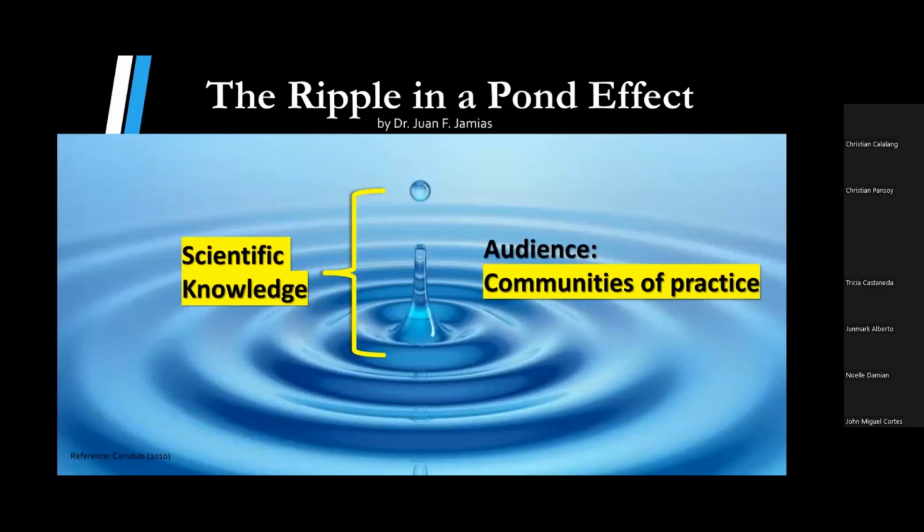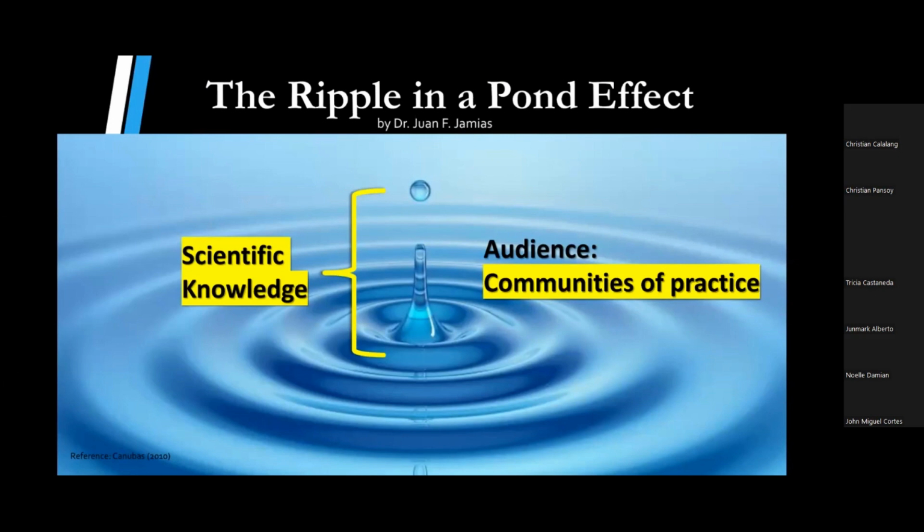Juan Jamias. So first, sa ripple effect, kapag ibinato mo yung pebble doon sa ilog or doon sa body of water, the first ripple na nabubuo is what we call the scientific knowledge. So, ano bang ibig sabihin ng scientific knowledge?